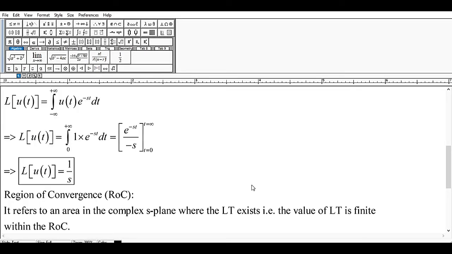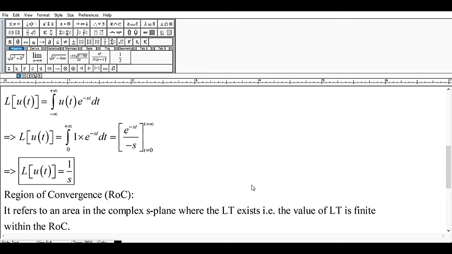Next comes the most important question, that is region of convergence. So what is region of convergence? It refers to an area in the complex s plane where the Laplace transform exists. In other words, inside the region of convergence, the value of the Laplace transform of any function will be finite.